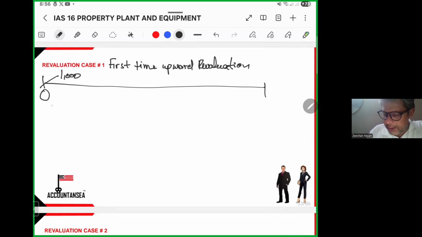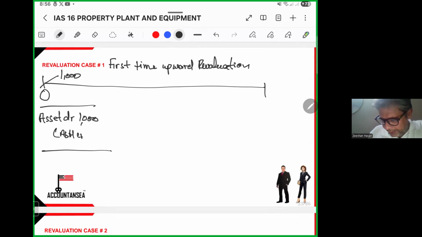So, what will be our entry? Asset debit 1,000, right? And cash, or you can say bank, credit 1,000. Now, at the end of year one, its value is 1,500.